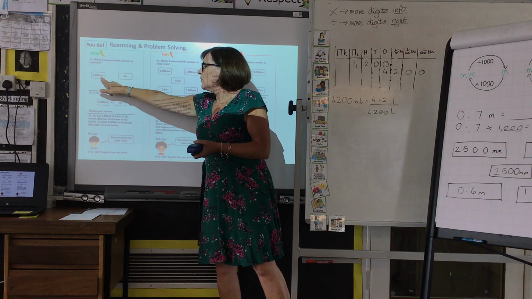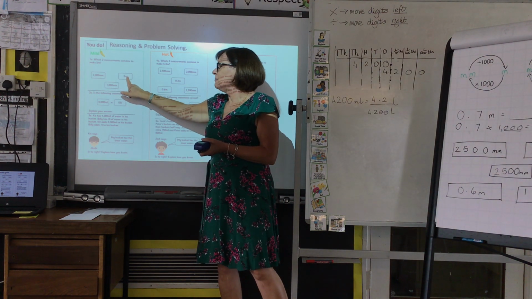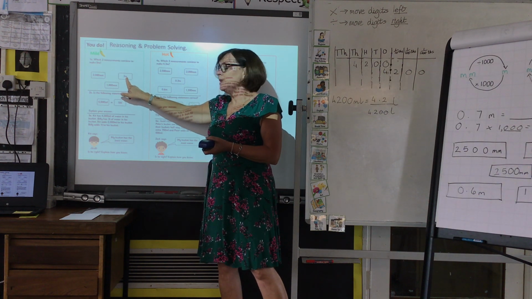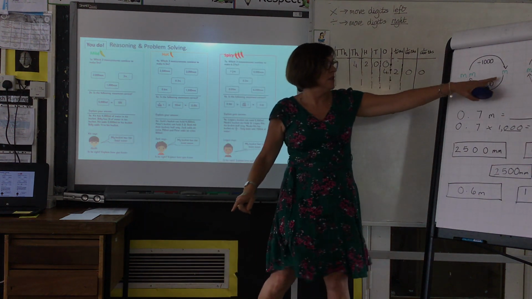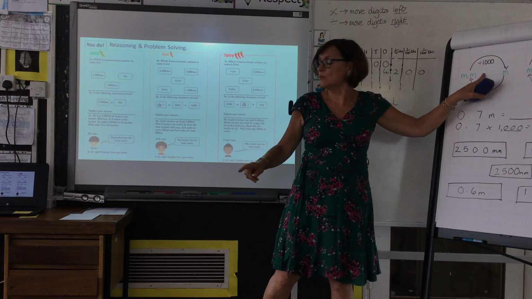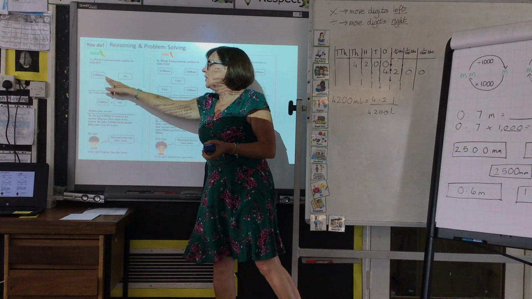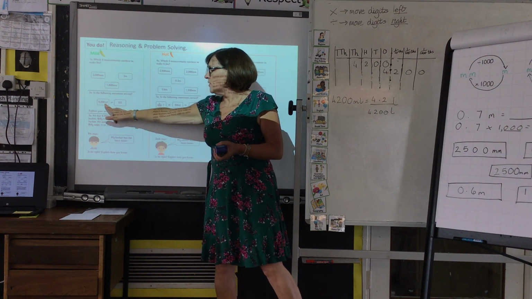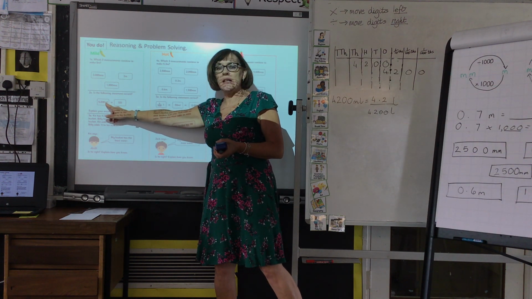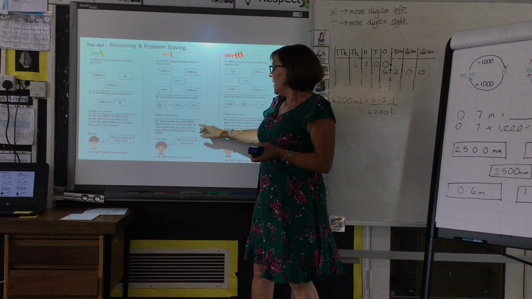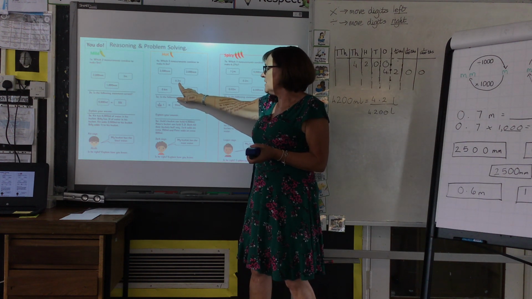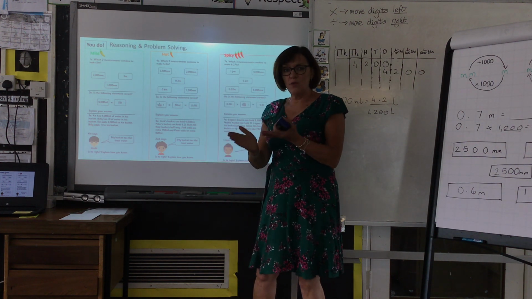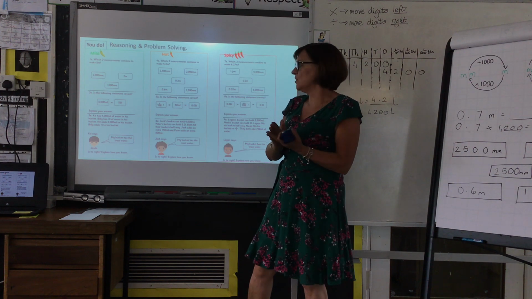So here, if you've got millimetres, millimetres and metres, I would convert metres into millimetres using this chart to know what to do, and then you can look and compare all 3. So in all of these, there are 2 different. One will be millilitres, one will be litres. One might be millimetres or metres. Whatever it is, always convert to the same unit of measure.